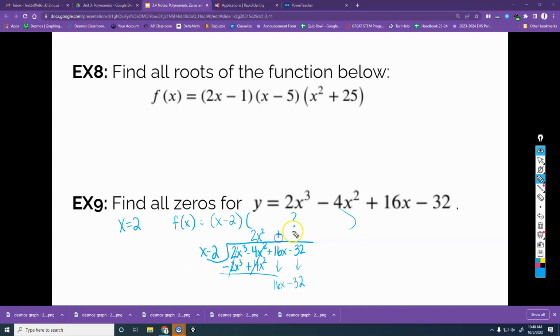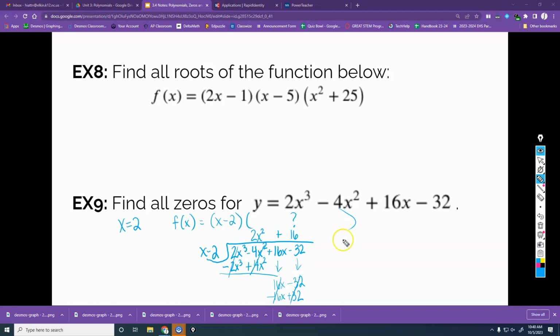A positive 16. So I'm going to put a positive 16. So 16 times x is 16x. 16 times negative 2 is negative 32. And then I subtract. That same thing happens. Everything goes away. That's the end of it because I don't have anything else to bring down.